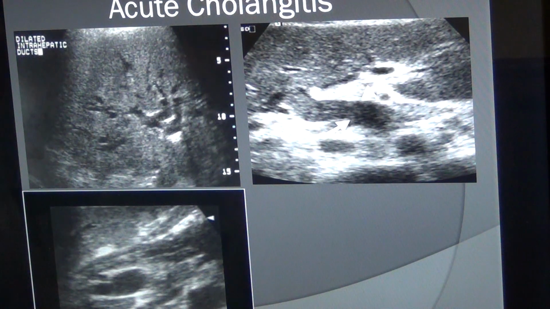There can be a bacterial infection called cholangitis. One is obstructive cholangitis, and the obstruction could be inside the liver, so the intrahepatic biliary canaliculi and biliary ducts will be dilated.